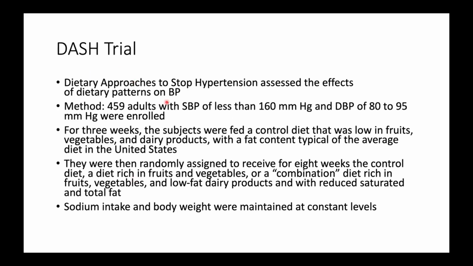In the DASH trial, participants were grouped into three groups: a control diet low in fruits, vegetables and dairy products, a typical average United States diet, and the DASH diet, rich in fruits and vegetables, or a combination diet rich in fruits and vegetables with low fat dairy products and reduced saturated fat. Sodium intake and body weight were maintained at a constant level.